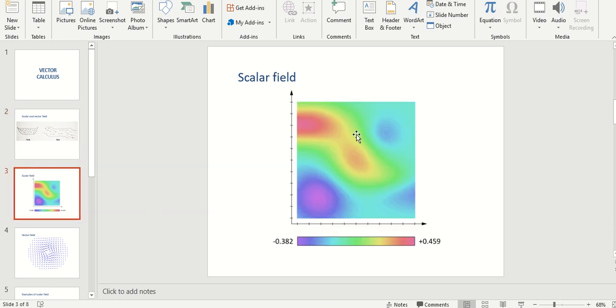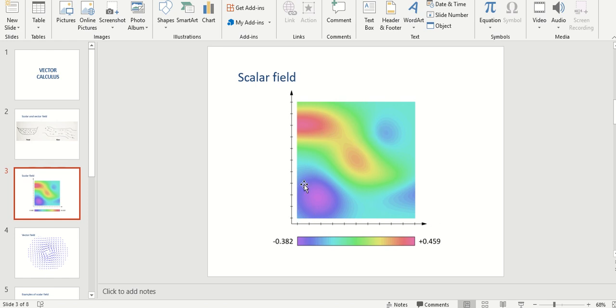Okay, now look at this picture. This is a picture of a scalar field. Suppose this contour graph, this contour representation, represents the temperature in a room. We can consider this box as a room, and each and every corner of this room has some different temperature.